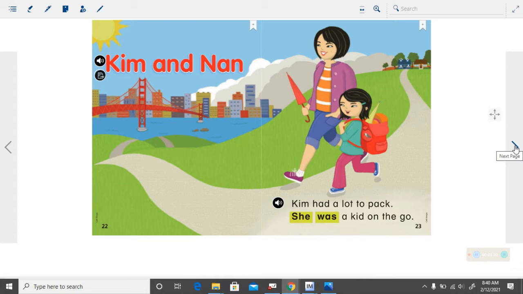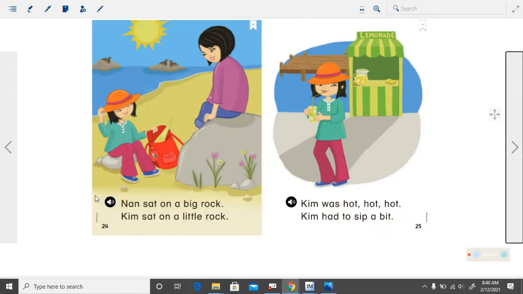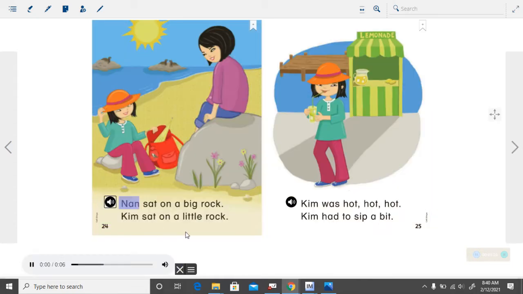Let's look at our next page. Nan sat on a big rock. Kim sat on a little rock. There are two sentences on this page. Nan sat on a big rock. We know that that is one sentence because it begins with a capital letter and it ends with a period.